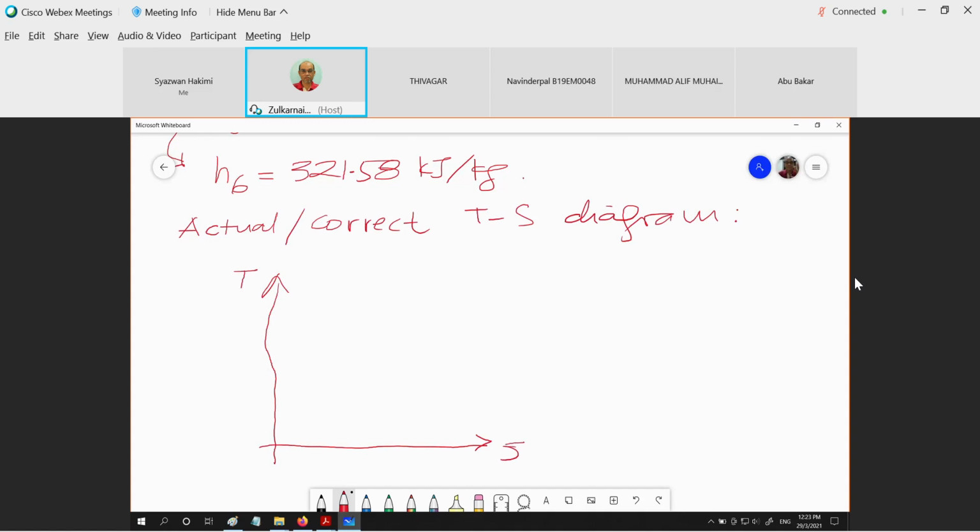Let me put it right here. This one is inside, another one is outside. We have to adjust it. This one is outside, this one also outside. So we have to adjust a little.